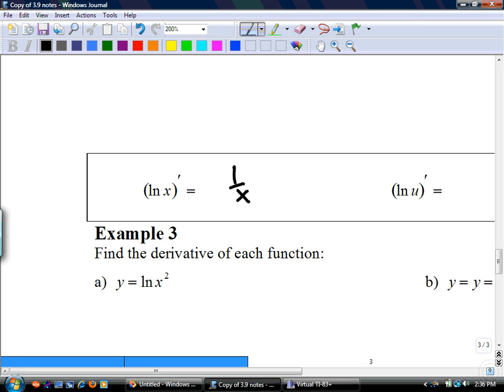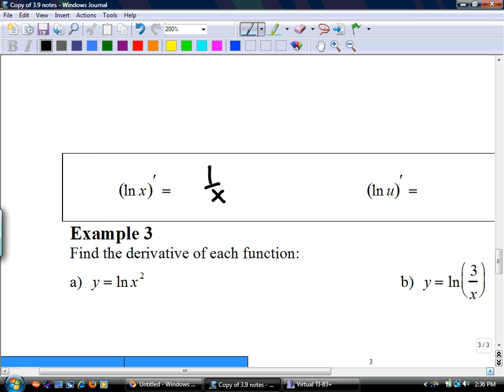What's the derivative of ln u? 1 over u times u prime. And there's the other rule that you need to know for today. So 2 rules. The derivative of e to the u is e to the u times u prime. The derivative of ln u is 1 over u times u prime.